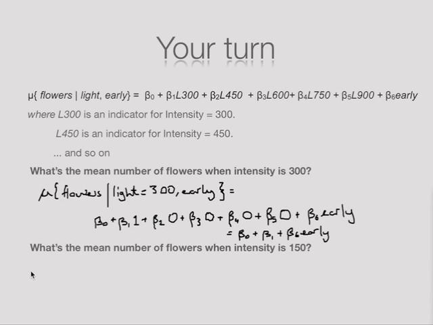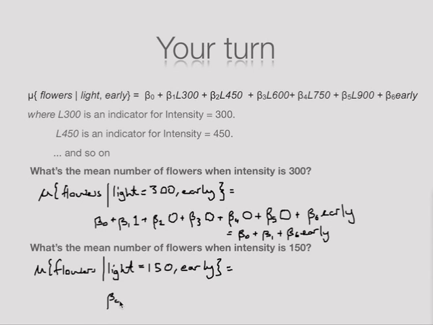Similarly, for the second question, we can get started by writing down what we want. We want the mean number of flowers. This time the light intensity is 150. And again, we're just going to leave the early variable in there. We don't know what value it takes.